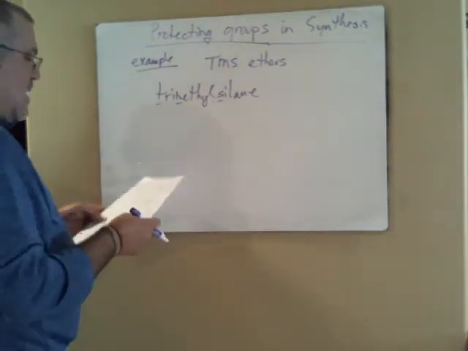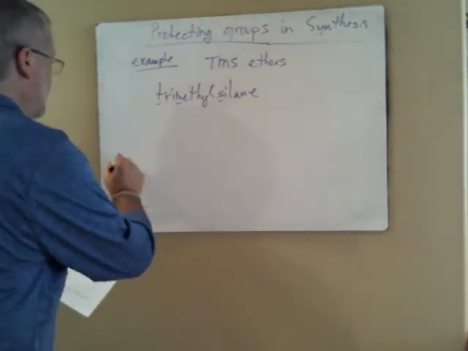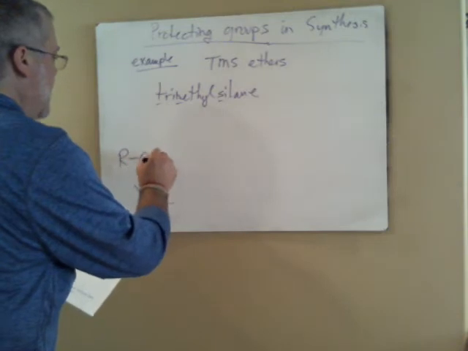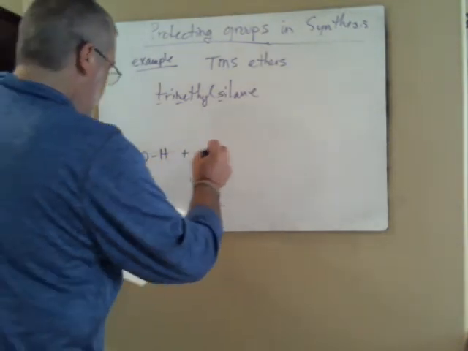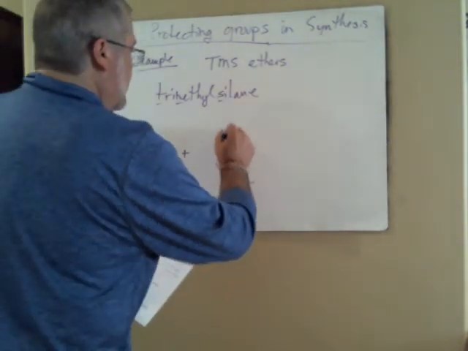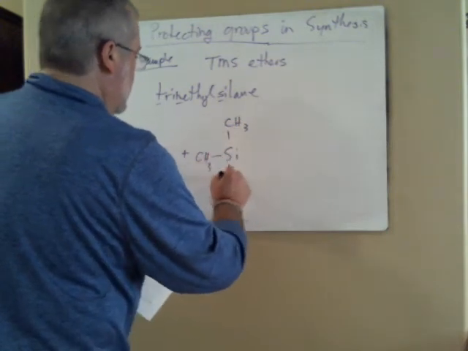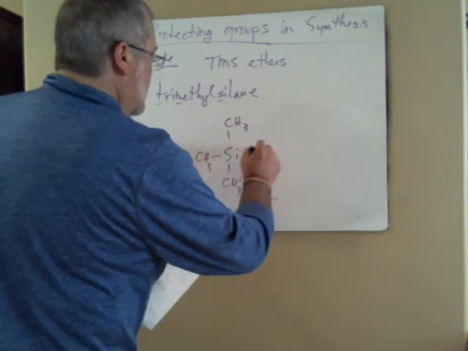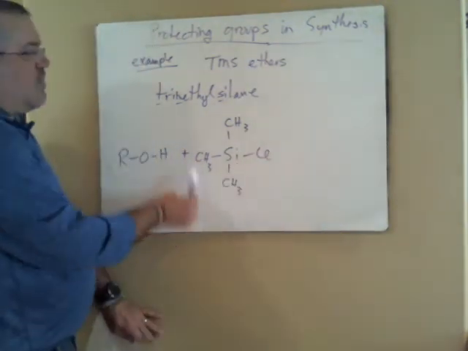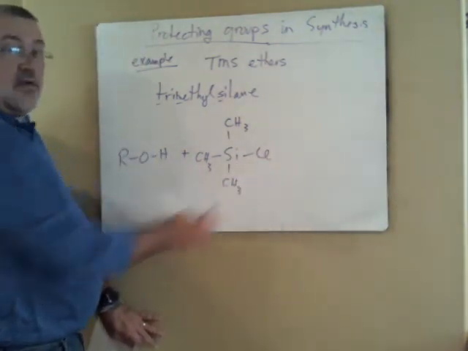Okay, and the way to make them is to take your alcohol functionality and you're going to react it with this trimethylsilane, where you have 3 methyl groups and a chlorine.